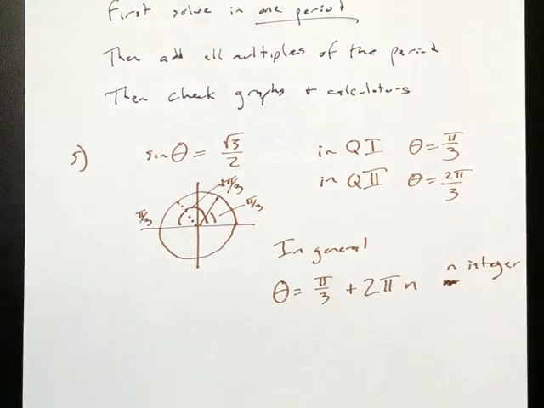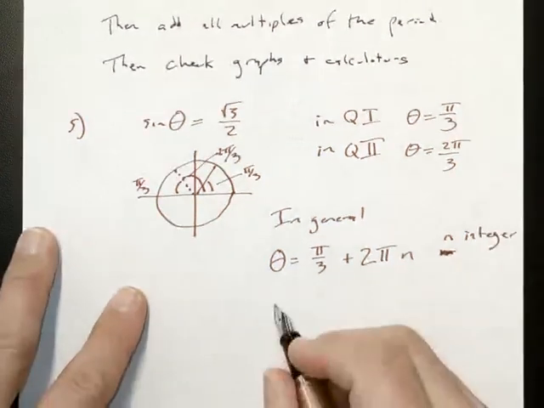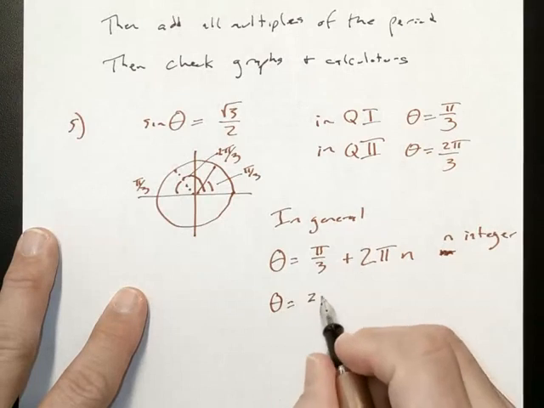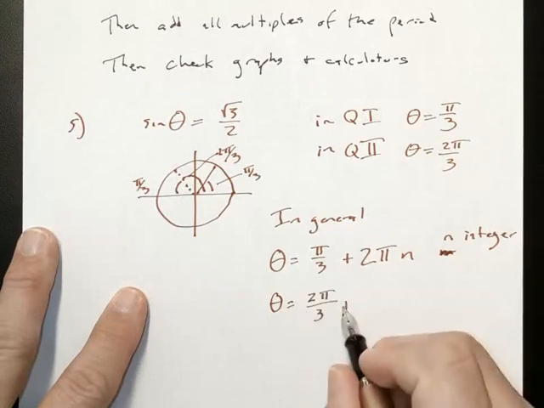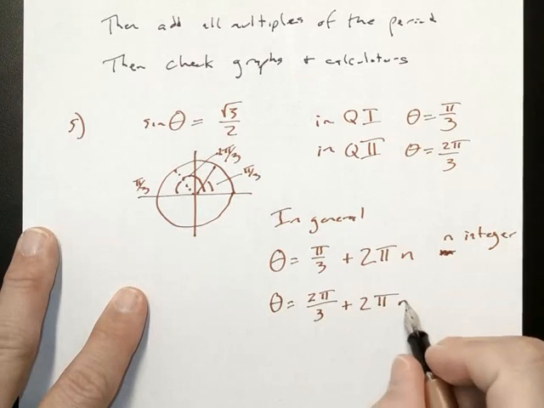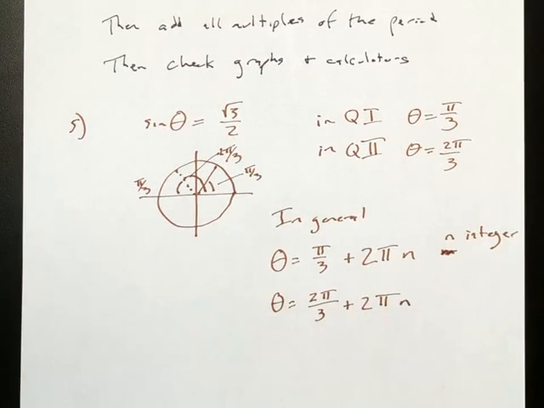So n here represents an integer. Positive integer, negative integer, doesn't matter. But I have to do that to both my solutions. So there are 2 infinite families of solutions here.